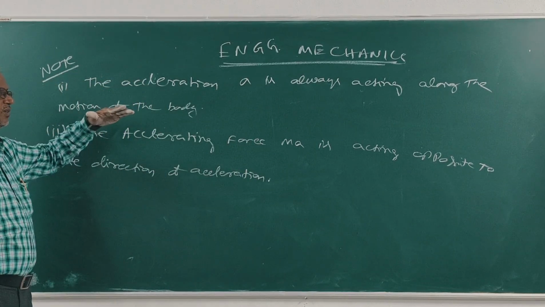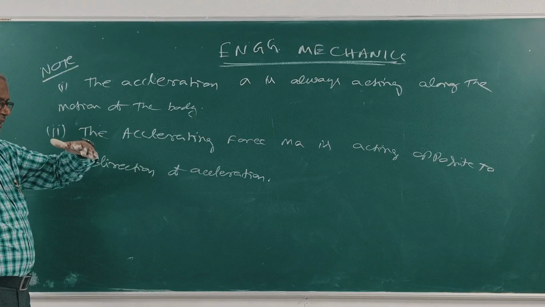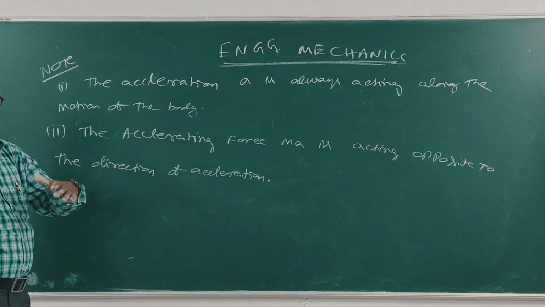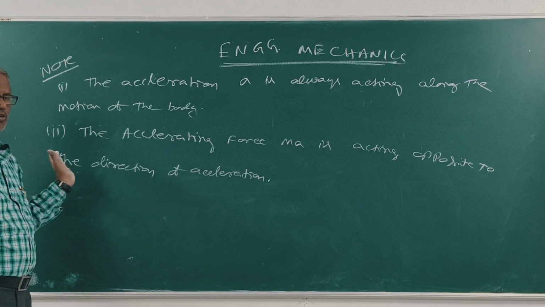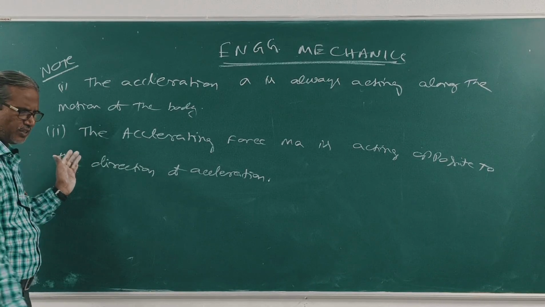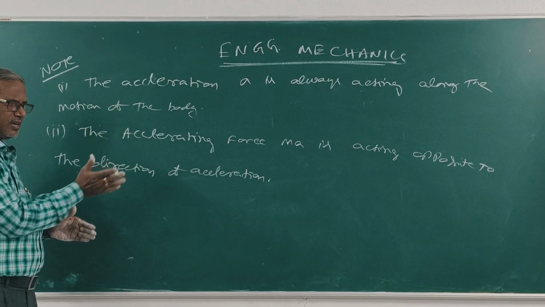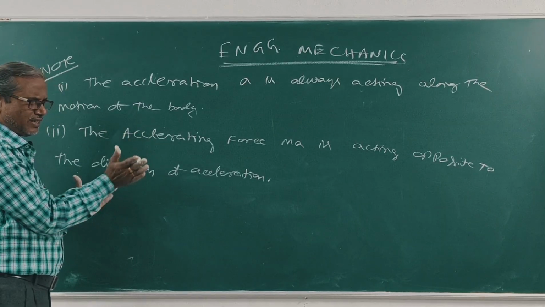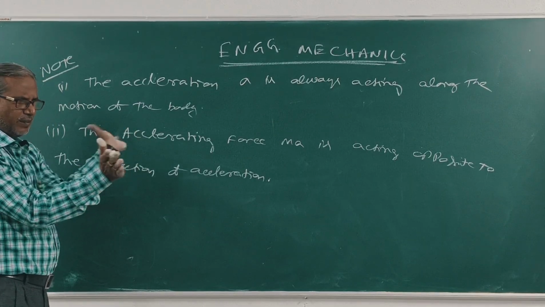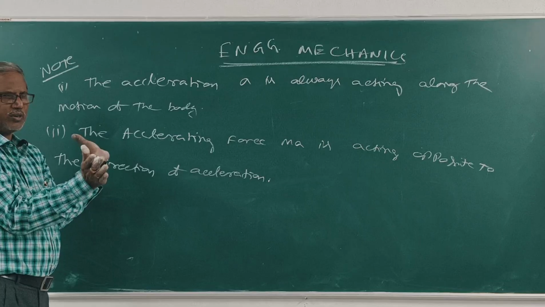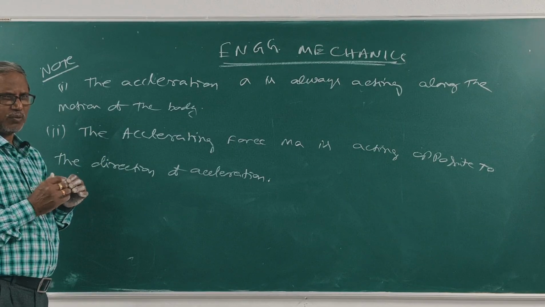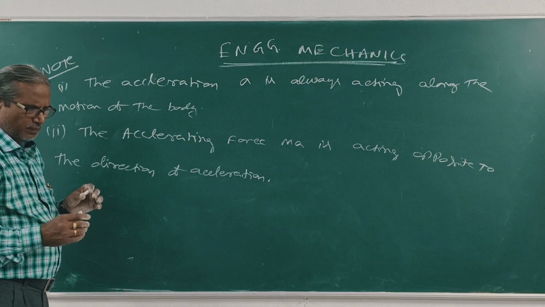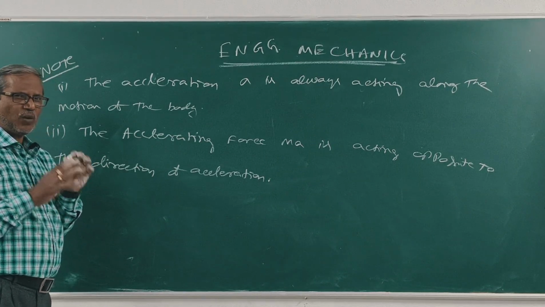The acceleration is acting along the motion of the body, and the accelerating force is acting opposite to the direction of acceleration. Suppose the body is moving in this direction, then the acceleration is acting along this direction, but MA is acting the opposite way. Similarly, if friction is considered in the problem, then friction is always acting opposite to the motion of the body. Clear?